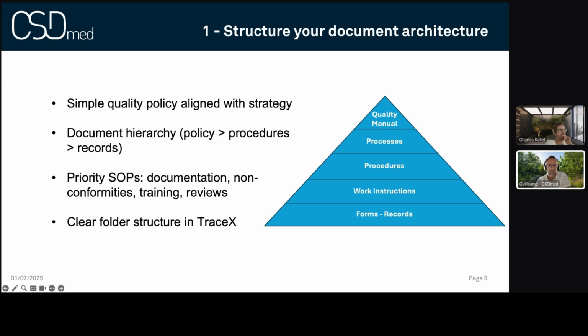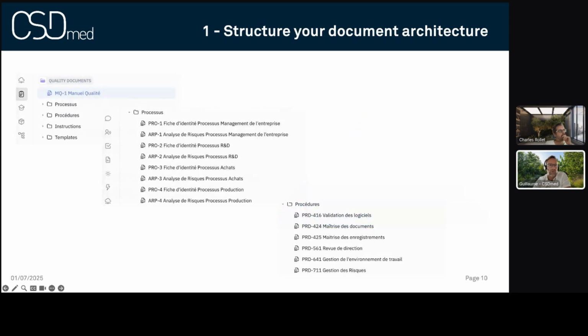So I'll just give you an example of what we did for a client. We have the quality manual and folders with your processes, procedures, instructions, and templates. Within the processes, in French, sorry, I mix French and English, processes, you have the identity of your processes and the risk analysis related to your processes.